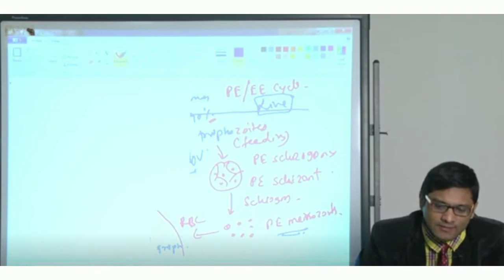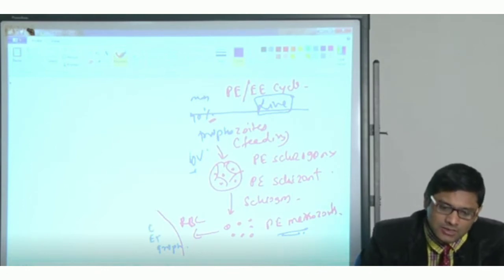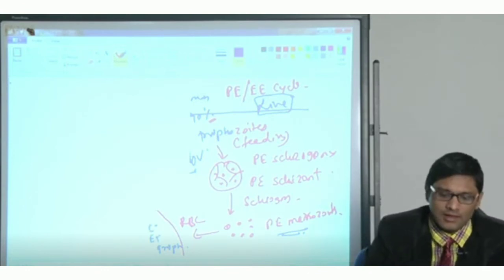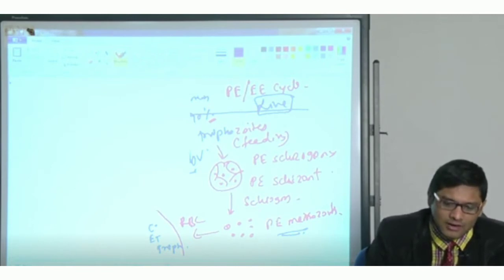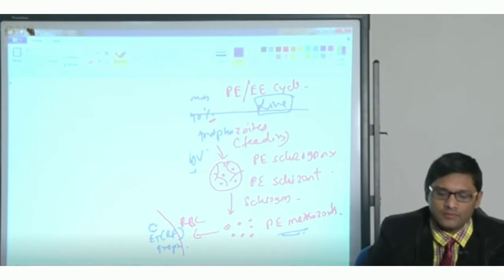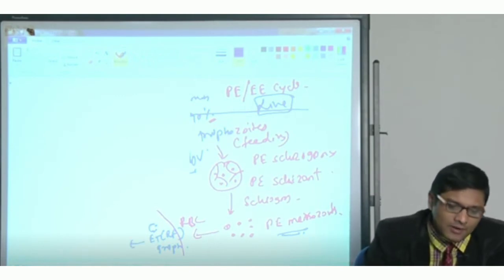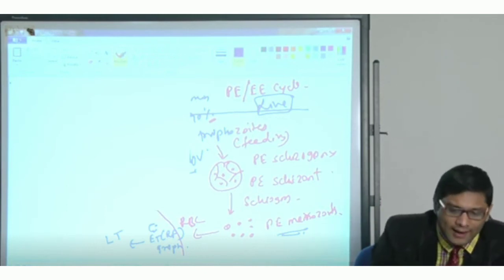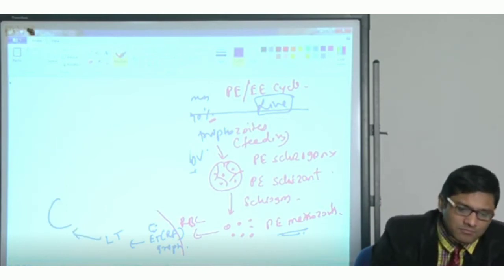Trophozoites, first they will form early trophozoites, that is ring form. Early trophozoites are nothing but the ring form. Early trophozoite later on will become late trophozoite. Late trophozoite will multiply to form schizont.